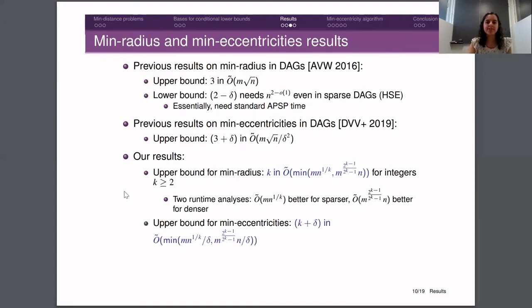For min eccentricities, we essentially had a very similar result. You just add delta to your approximation factor and divide your runtime by delta.